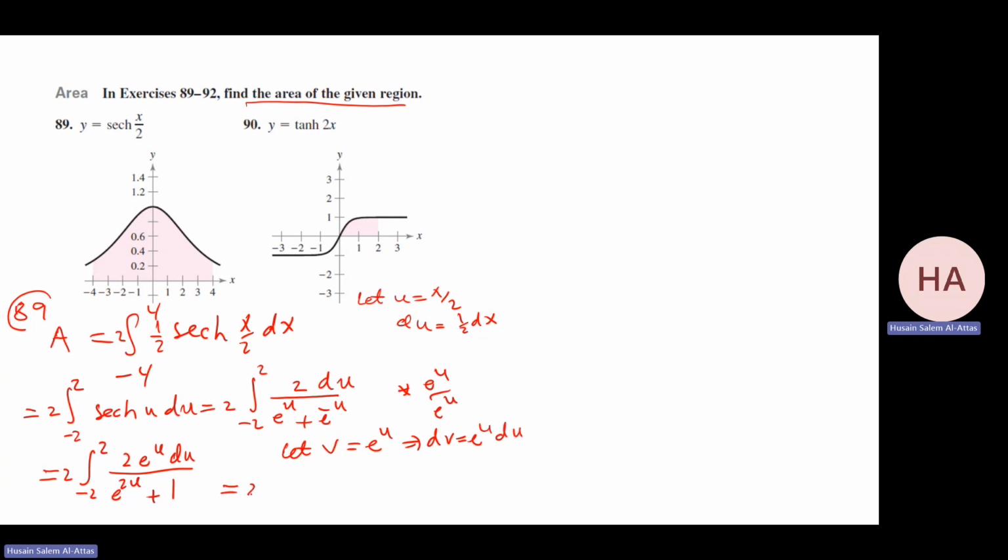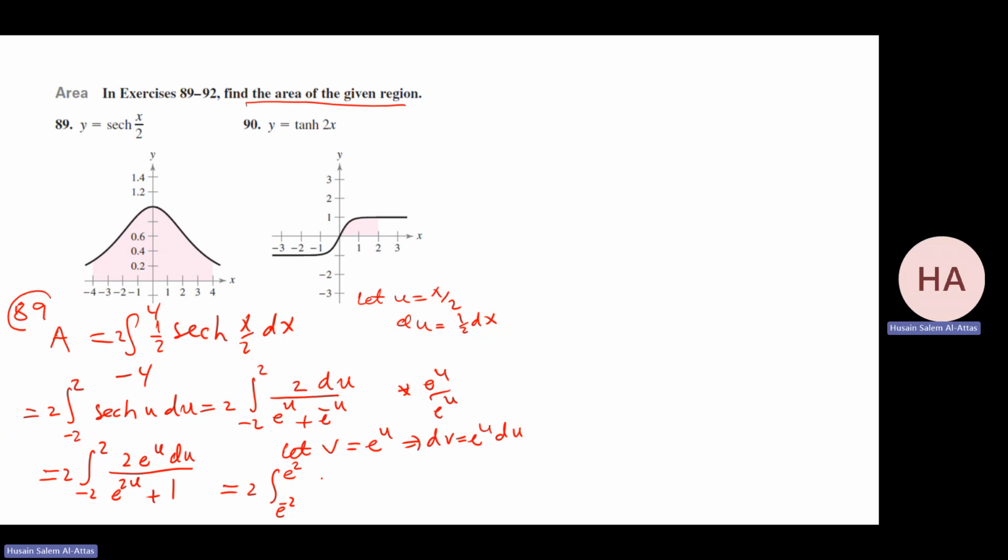So this integral will be what? The limits are e to the minus 2 and here I have e squared.